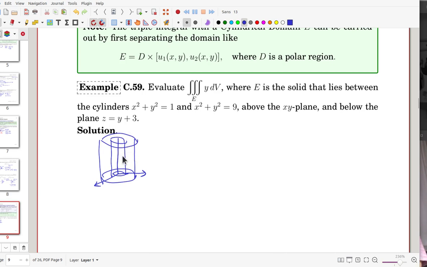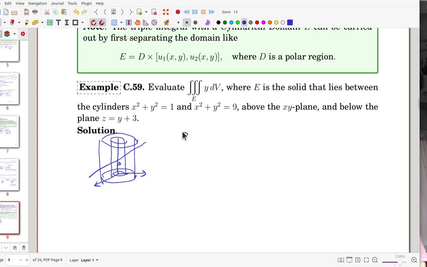Okay, that is a plane cutting this way, in the xy direction it is the same, so that now this height is 3. Anyway, we can see the volume below and between these cylinders. We have to find that. Okay, that is region E.